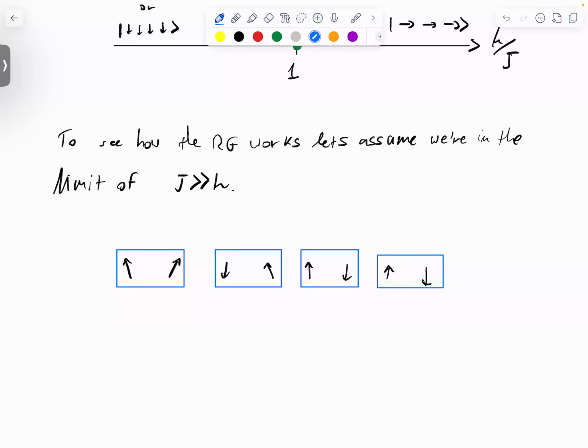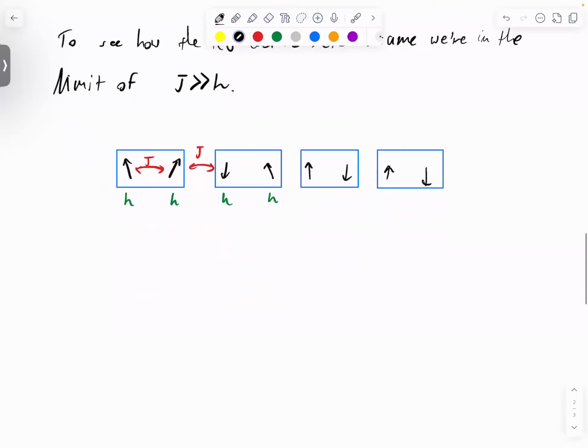And so initially we had J here and also J here. And in each one of them, we had a magnetic field H, right? So let me write the block Hamiltonian, the Hamiltonian of the block.